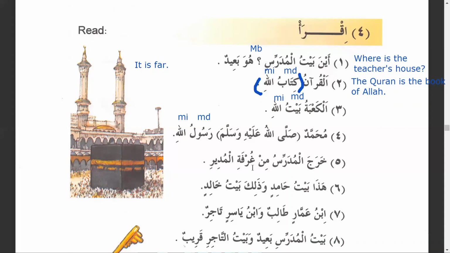Now this one. Kharajal mudarrisu min ghurfatil mudiri. Kharaja means he came out or he exited.